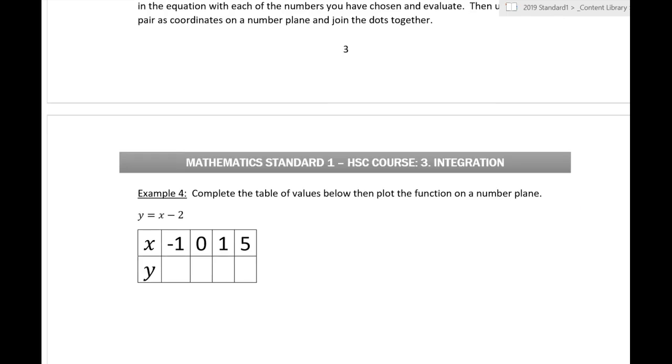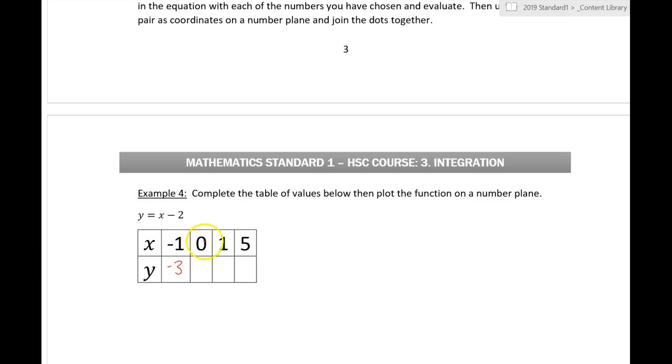So here we go. I have a table of values here. This one's already started a bit. I didn't have to make up the x values. Some have been provided. Here's my equation, y equals x minus 2. So I'm just going to, one at a time, replace the x with this number here. If x is negative 1, y equals negative 1 minus 2, which is negative 3.